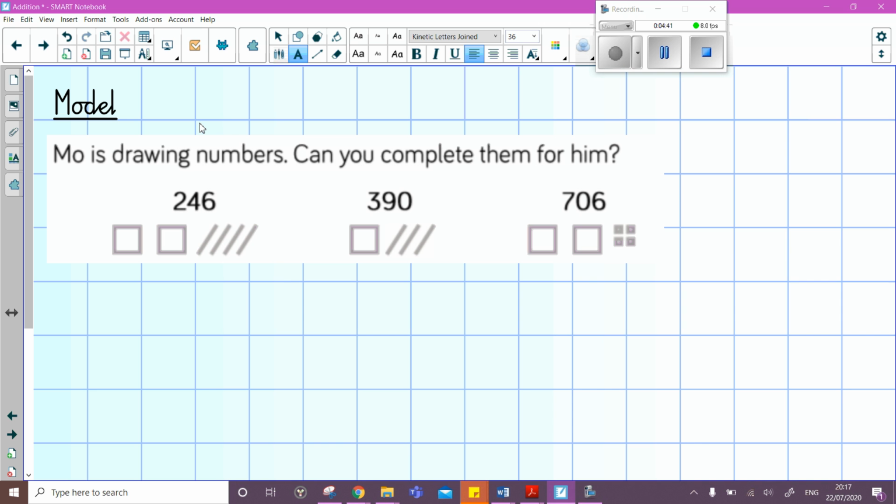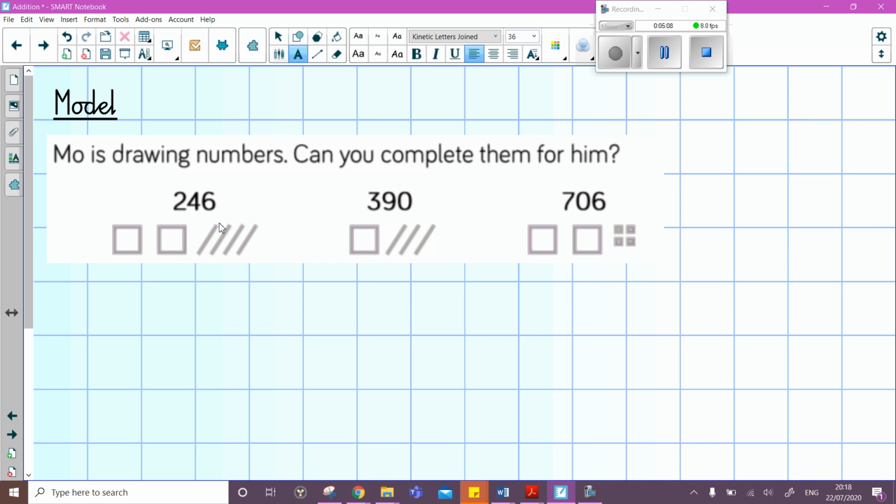Now, we're going to apply it that little bit more. I'm going to do one of these, and I'm going to see if you can have a go at doing the other two. Let's have a read of the question. Mo is drawing numbers. Can you complete them for him? So the first number he's got here is 246. Now we can see here, he has drawn his 100 and his 200.